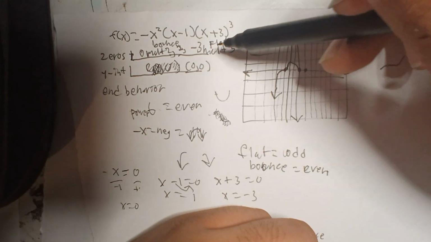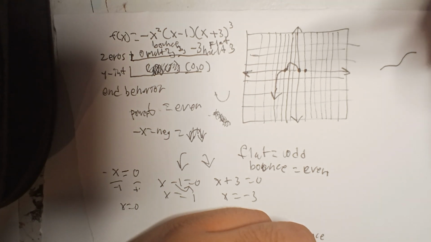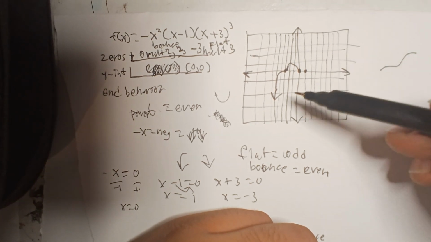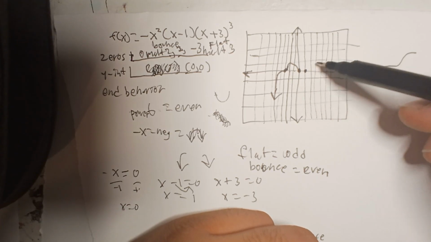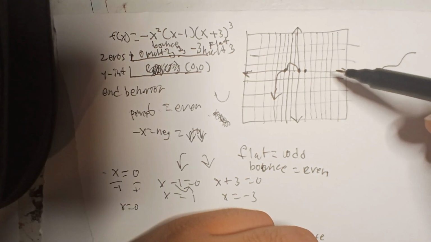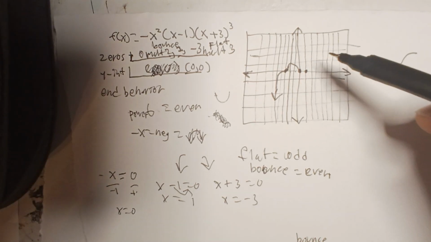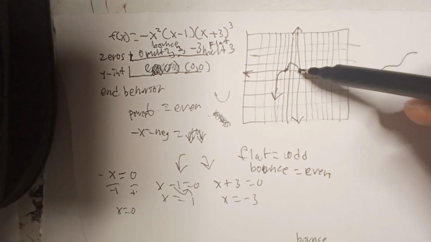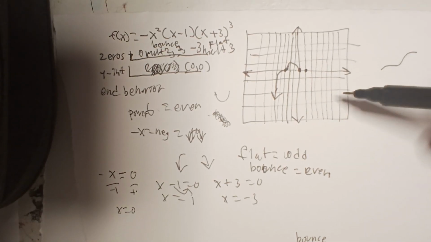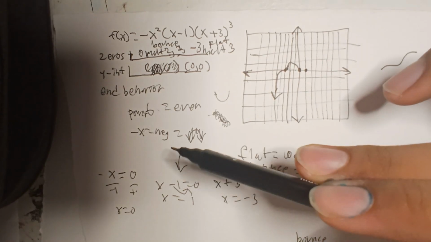And remember, 0 has a multiplicity of 2, which means it bounces, and it wouldn't bounce this way, because that would mean we would have to go up again and then go back down, and that wouldn't work, because our only zeros are these. We can't do that, because it violates that, and we can't go up here because it would not match the end behavior.